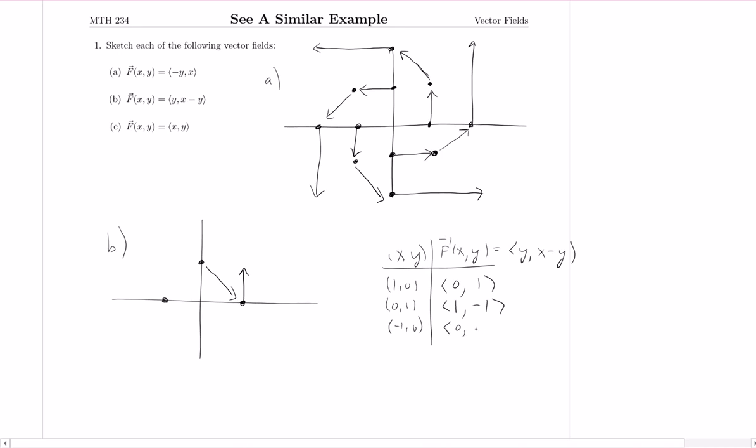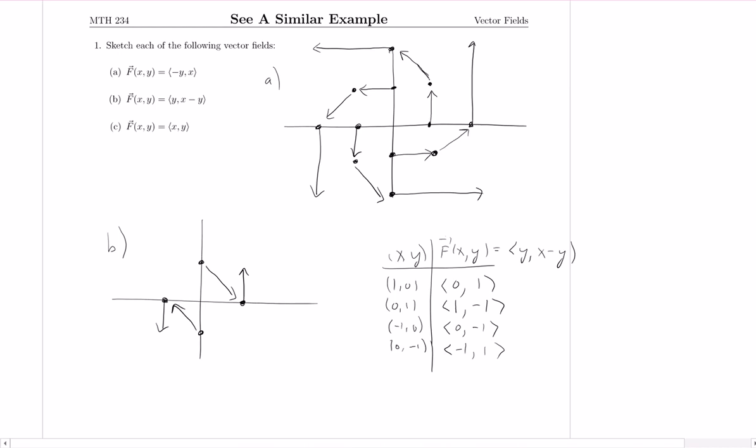I get (0, negative 1). So it just points down. If I pick (0, minus 1), what do I get? (Negative 1, 1). So it points diagonally back this way.